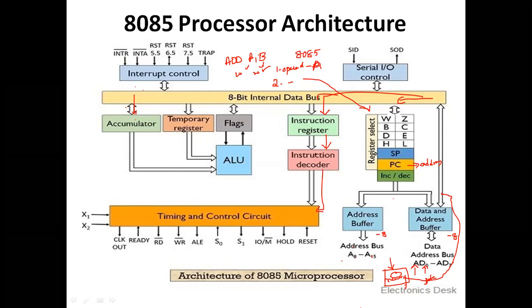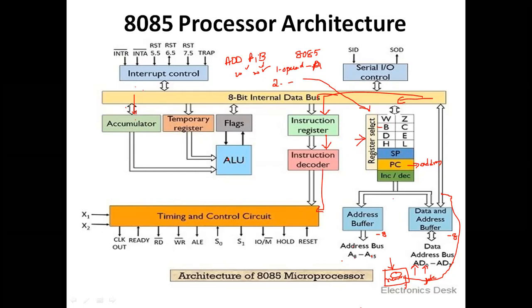It says: A register, keep your data on the data bus. Register select is there, so only one register is going to be selected. B register, you keep your data on the data bus, and the arithmetic and logical unit is going to do the task.